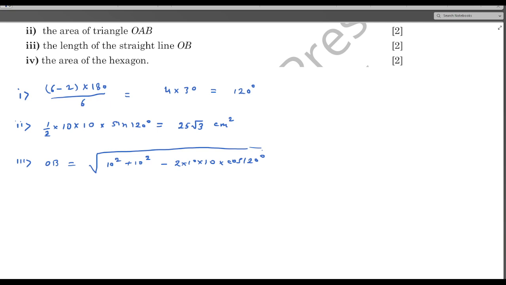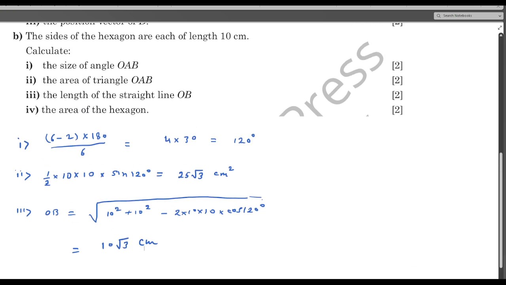Okay, so this will be equal to 100 plus 100, 200, minus 200 times cos of 120. So 300, and square root of 300 is 10 root 3. So 10 root 3 centimeter is your length OB.